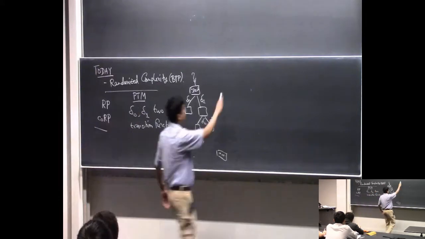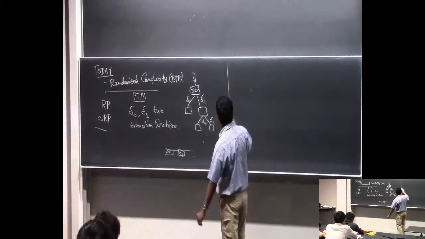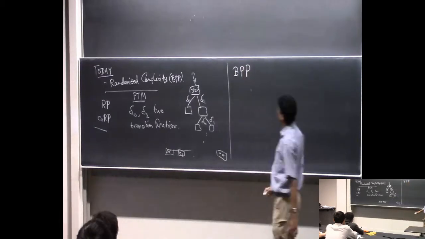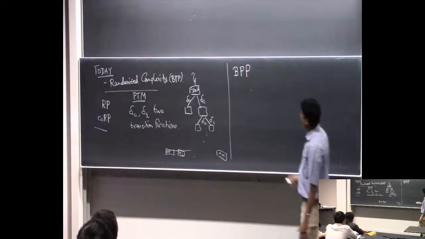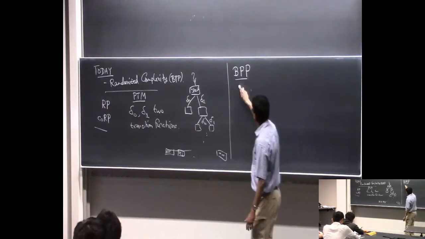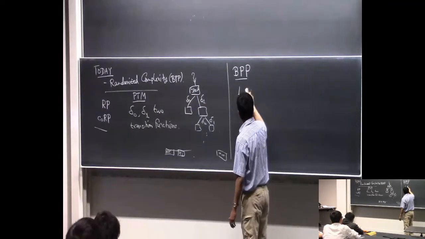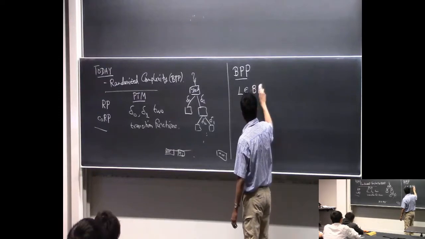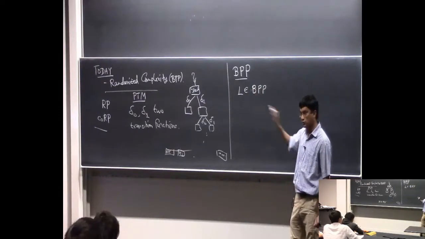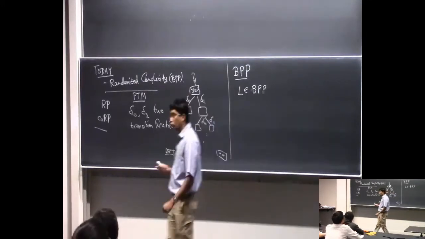So now we come to an important class called BPP, bounded probability of error probabilistic computation. So this is a new class. We'll say that the language L is in BPP. Again, it's going to be defined with respect to the same notion of a probabilistic Turing machine, but we are going to allow two-sided error.